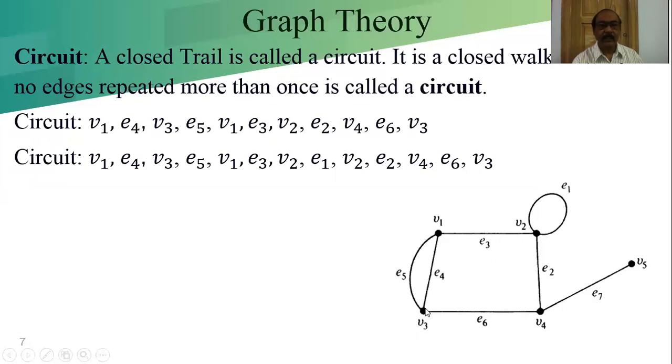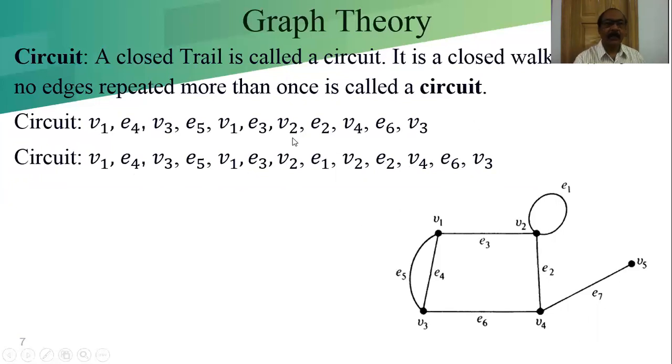So this is a circuit. This is the example given here. We start from V1, E4, E3, E5, I think the same. V1, E3, V2, E1, V2, E2, V4, E6, V3. Whatever I said, it is the same example.